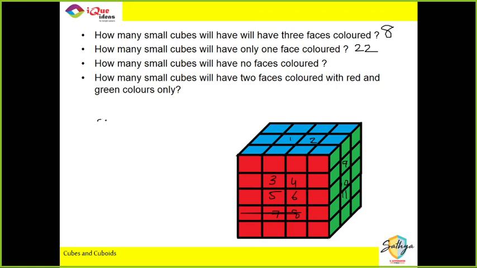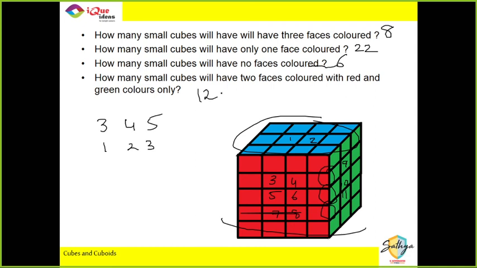So the size was 3 into 4 into 5. So that means 1 into 2 into 3. Small 6 cubes. And red and green only. That means ऊपर का पूरा हटा दो, नीचे का पूरा हटा दो, और सिर्फ एज वाले में रेड और ग्रीन दोनों होंगे. So हर एज पे 3. So 3 4s are, there will be a total of 12 such small cubes which have only red and green.